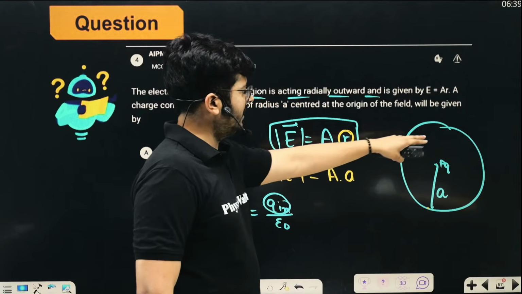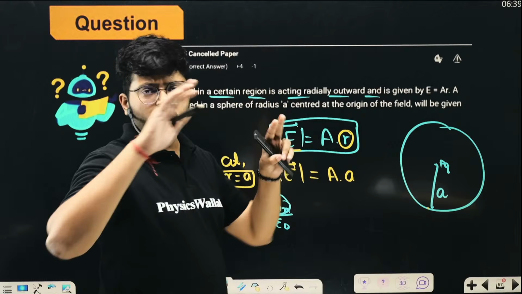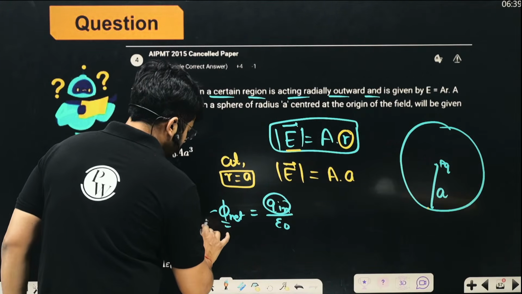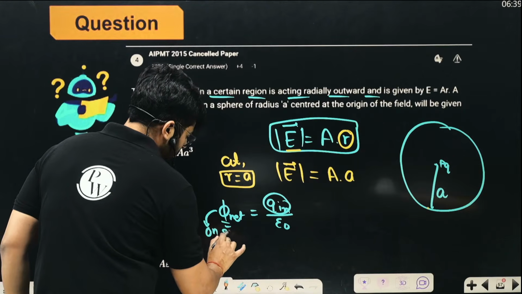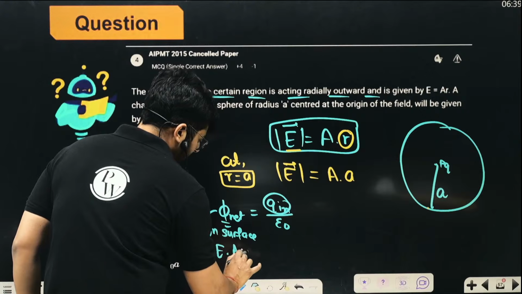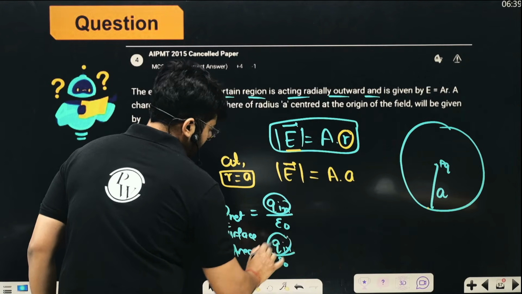The flux on the entire surface is E into the total surface area, and that equals the charge inside upon epsilon naught.